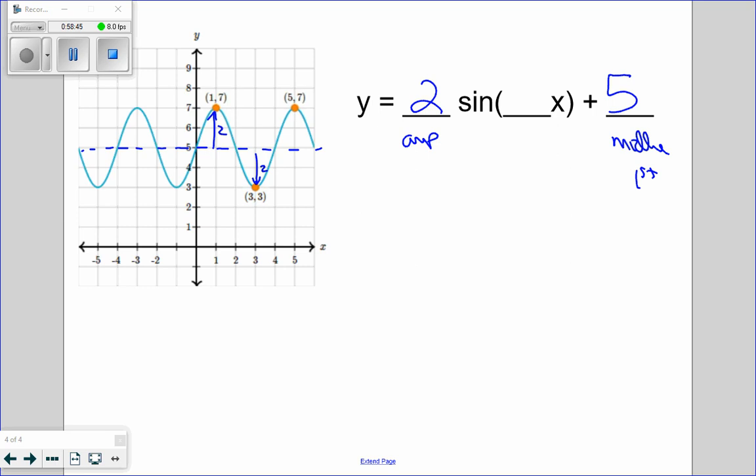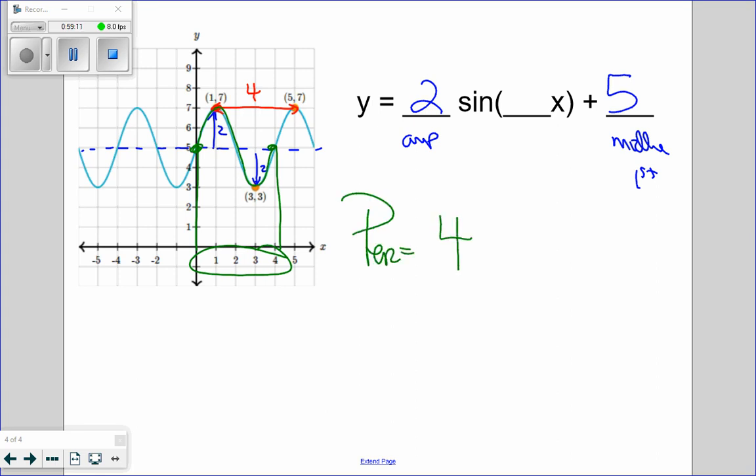How long is the pattern? It doesn't matter if you go from peak to peak or from start to finish. If you go from peak to peak, it went from 1 to 5. How far is that? 4. If you go from here, up, down, up, 4. It doesn't matter where you look, you're going to get 4. So the period is 4.